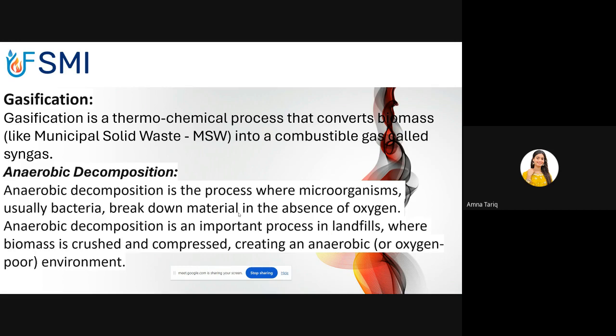In the anaerobic environment, biomass decays and produces methane, which is a valuable energy source. This methane can replace fossil fuels. In addition to landfills, anaerobic decomposition can also be implemented on farms.